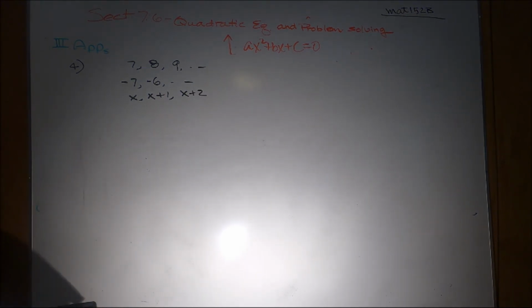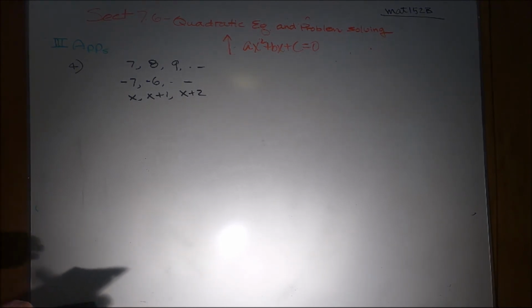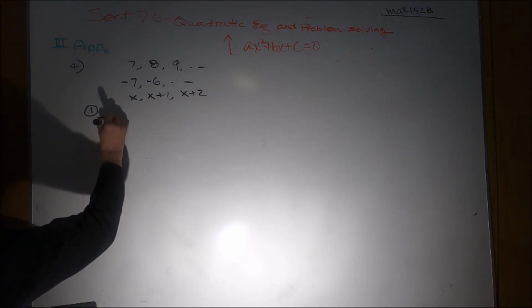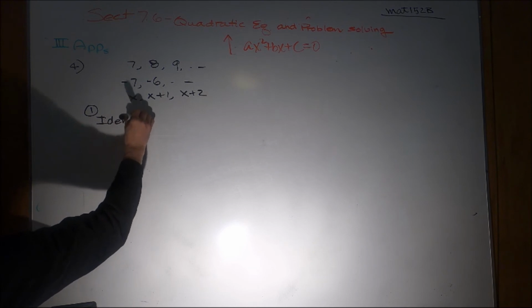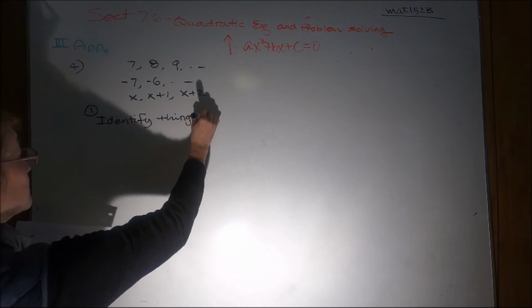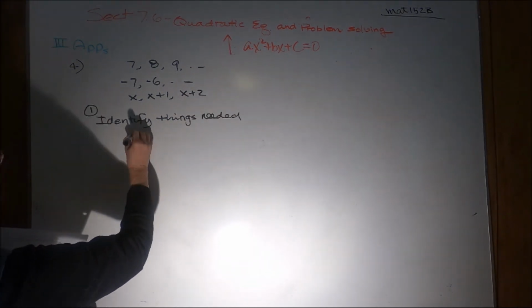Okay, so what was the question for the problem? Find the two integers which are consecutive and the product of them is 420. What does product mean? Multiplying, right? So same thing as we have been doing. First you identify things needed, with how many variables?